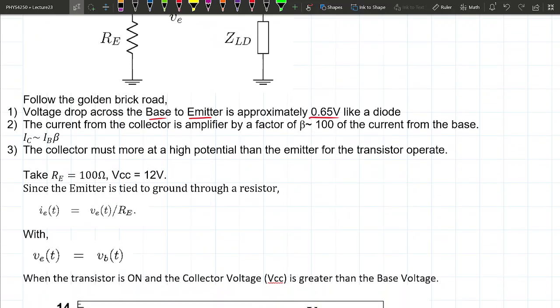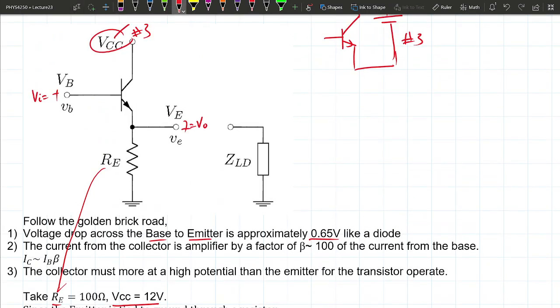I'm just going to go through this mathematically. Let's take the resistor at the emitter to be 100 ohms and our voltage supply up here to be 12 volts. So if the emitter goes over 12 volts, the transistor actually turns off. You cannot go over 12 volts.